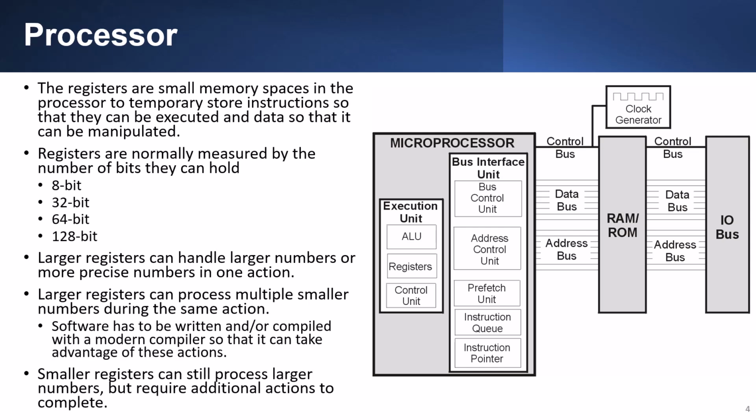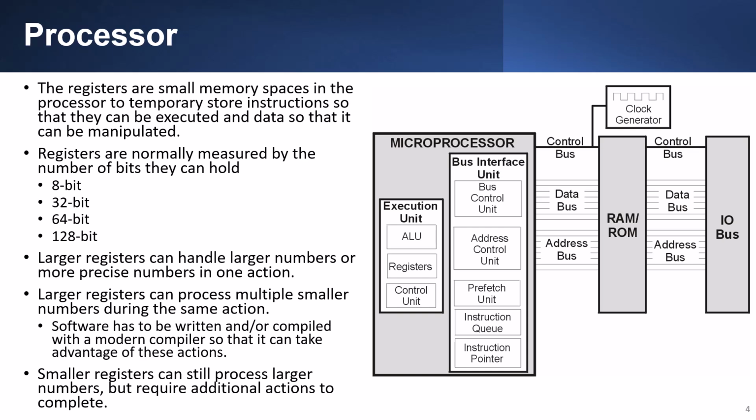The registers are small memory spaces in the processor to temporarily store instructions so that they can be executed and store data so that it can be manipulated. Registers are normally measured by the number of bits they can hold, such as 8-bit registers, 32-bit registers, 64-bit registers, and 128-bit registers.